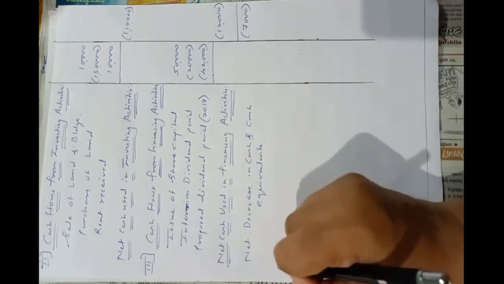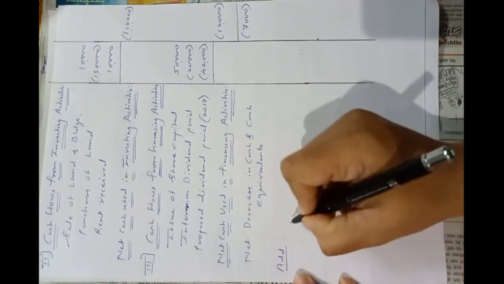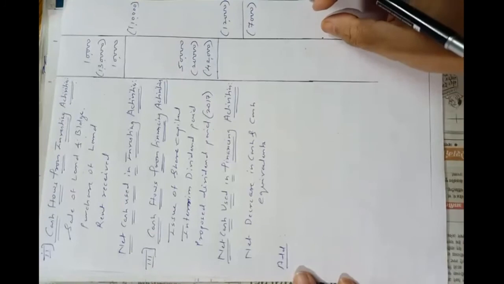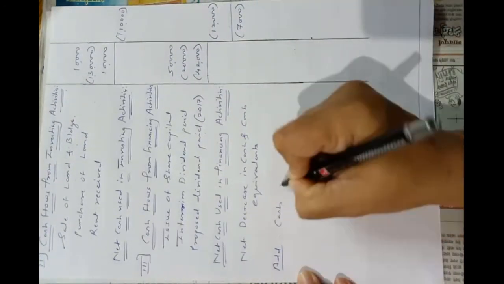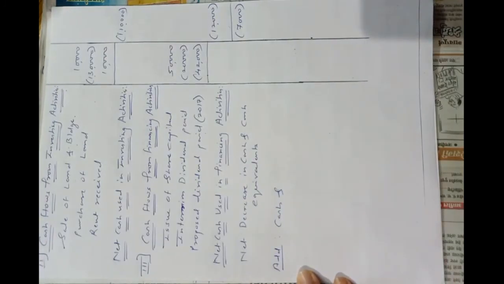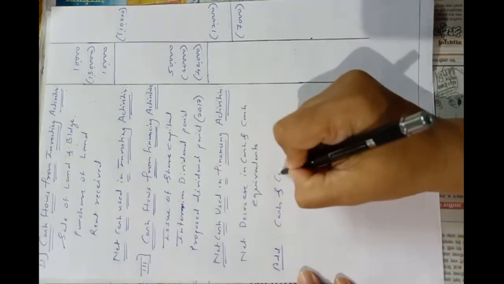7,000. Okay, now we have to add here cash and cash equivalents at the beginning, that is opening amounts.